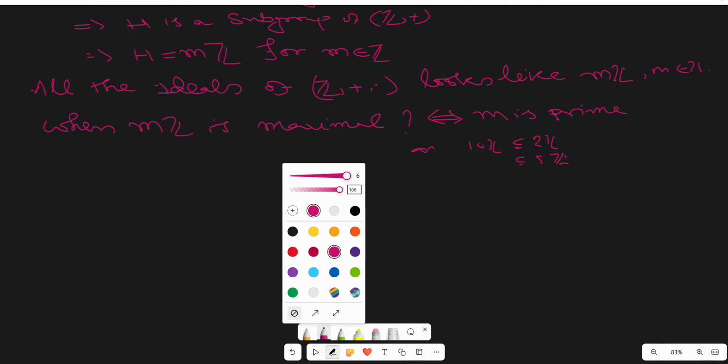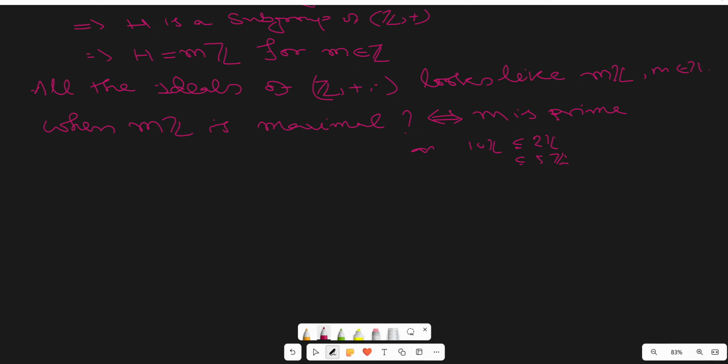So 10Z is contained in 2Z because 2 divides 10, and 5 divides 10, so 10Z is contained in 5Z, right? So this is the reason for the maximality.